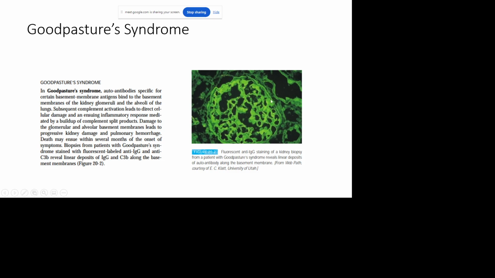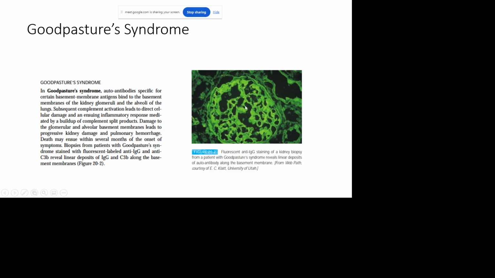So when they use the anti-IgG antibody, which is conjugated with green fluorescence, this secondary antibody will bind to the antibodies that are bound to the basal membrane of the kidney glomeruli. So now you can see those antibodies by the secondary antibody binding. You can see the antibody infiltration by this green color, right?